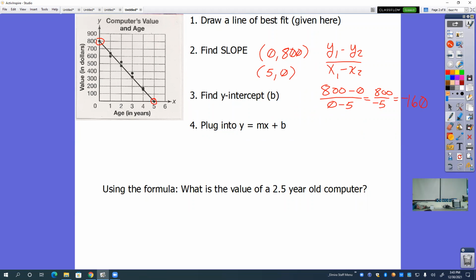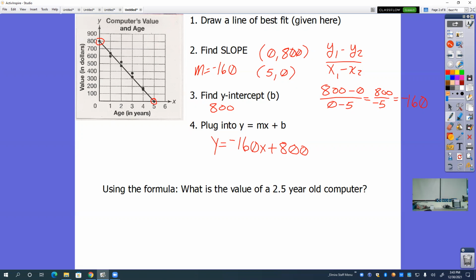So our m would equal negative 160. Our y-intercept is 800. So as we recall, our equation would be y equals negative 160x plus 800.